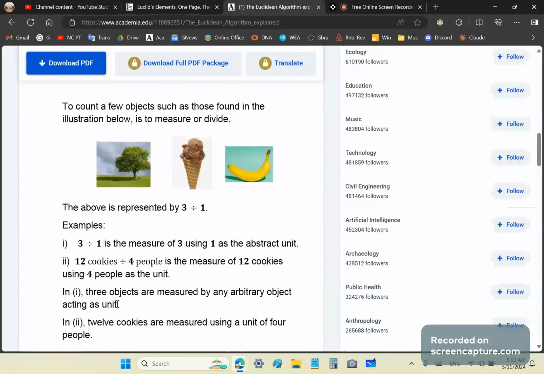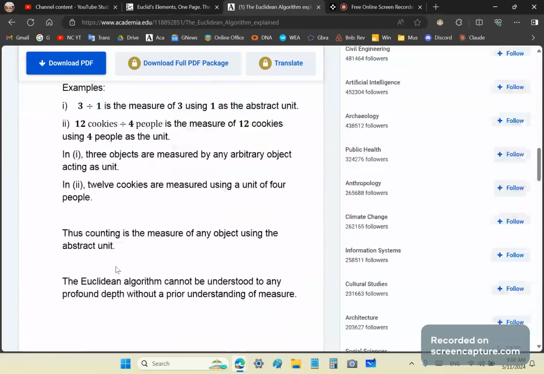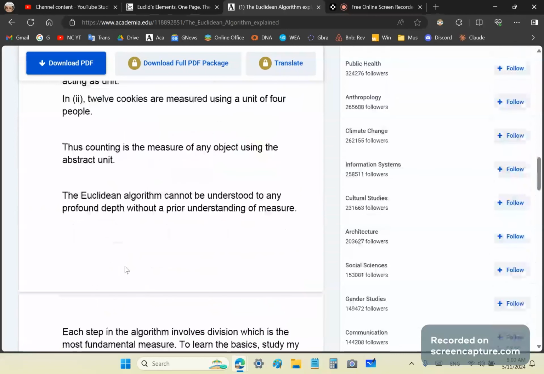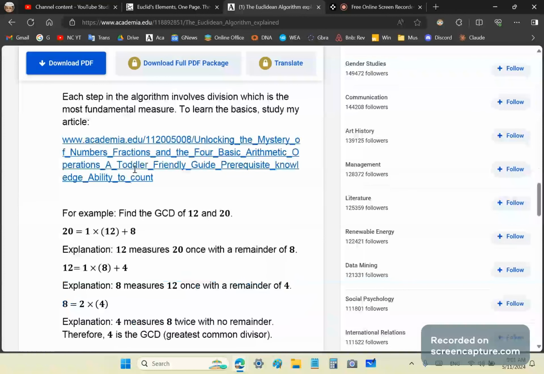And in 2, 12 cookies are measured using a unit of 4 people. So counting is the measure of any object using the abstract unit. To understand the Euclidean algorithm, you really should study this brilliant article, this PDF, Unlocking the Mystery of Numbers and Fractions.